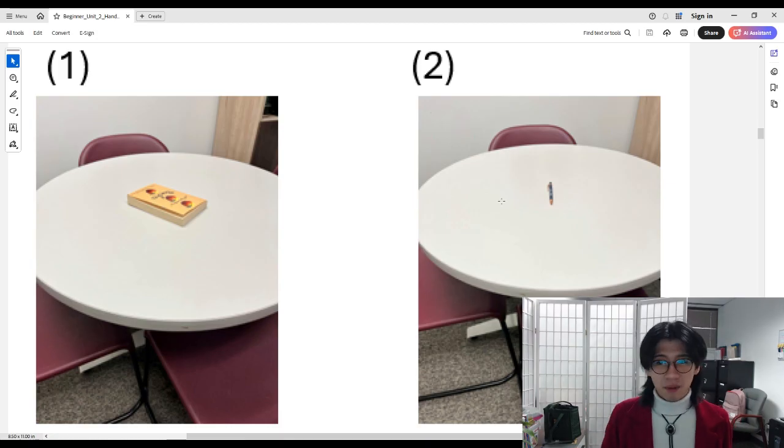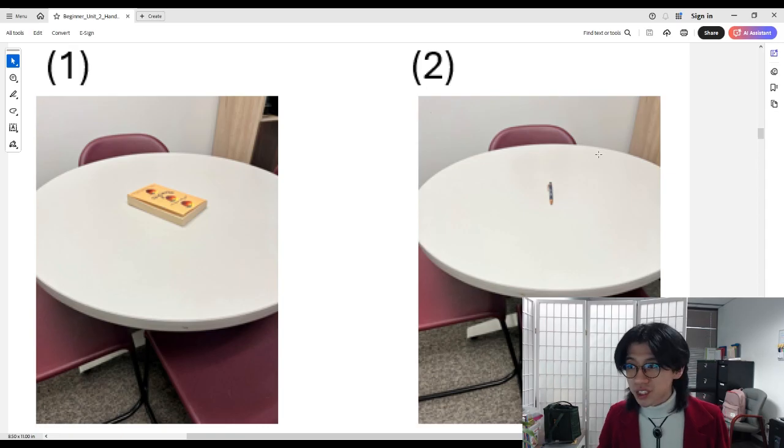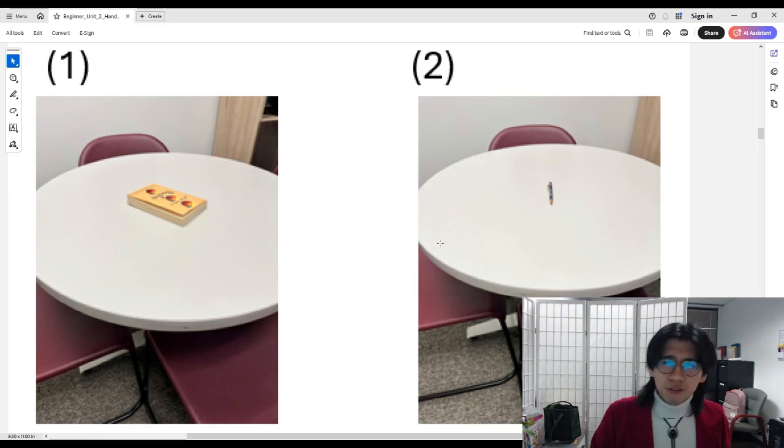I know it's kind of hard to see, but it is a pen. And then we have this white thing, which is a table, right? This is a table. So what is the relationship between a book and a table in number one? What is happening? Think about it in your head, and maybe we can use on.